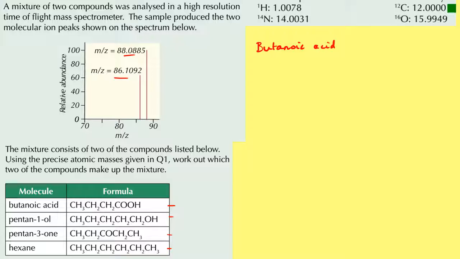acid. Okay. So MR equals our 4 times 12.0000 plus our, how many hydrogens have we got? We've got 8 hydrogens. Our hydrogen is 1.0078, and we've got 2 oxygens.